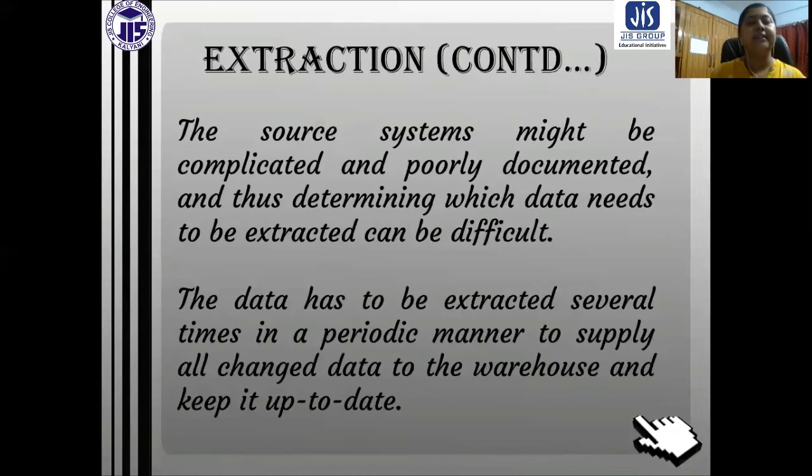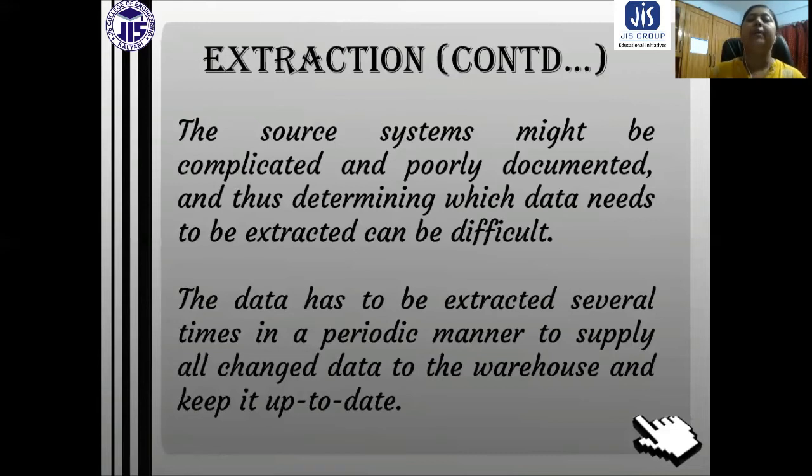So the source systems might be complicated. So why is it time consuming? Because the system from where the data is extracted may be a complicated system. Maybe it is very poorly documented.